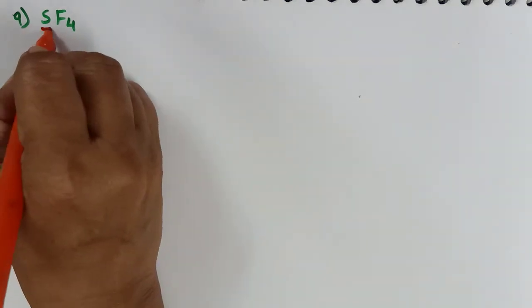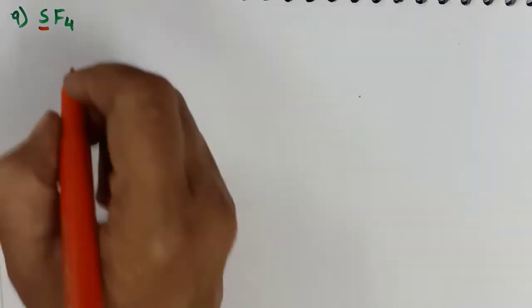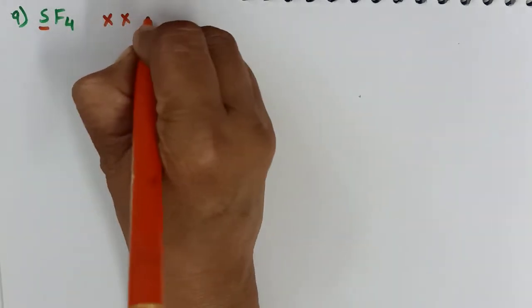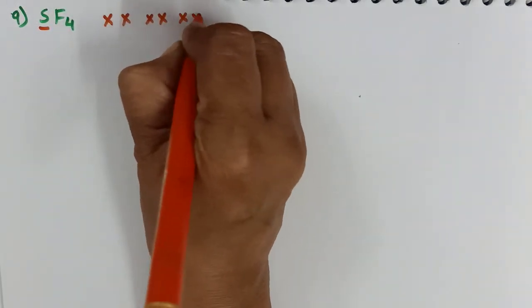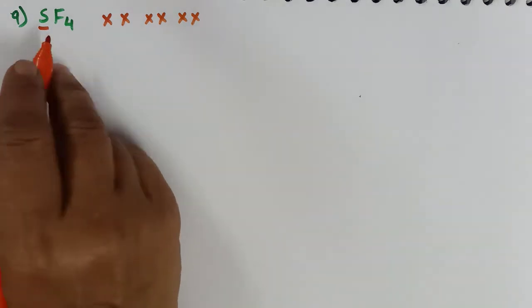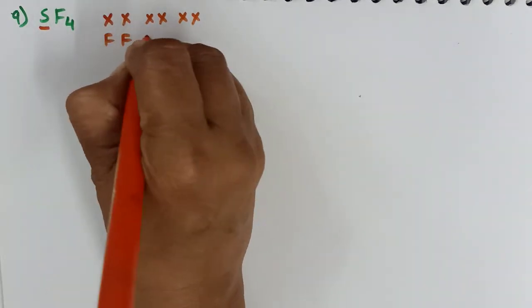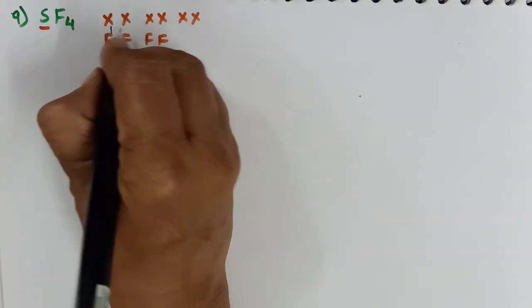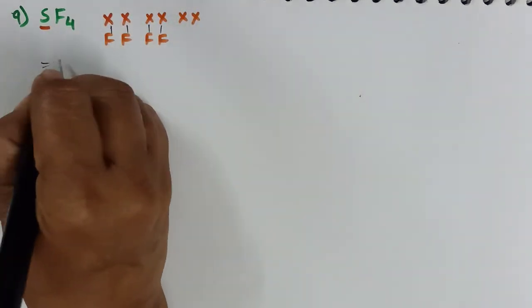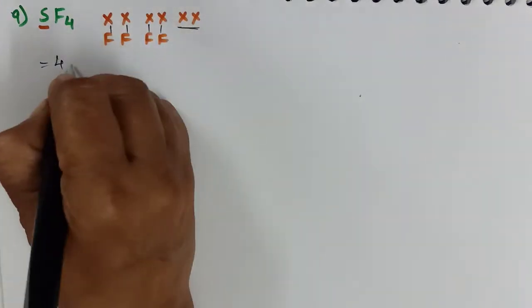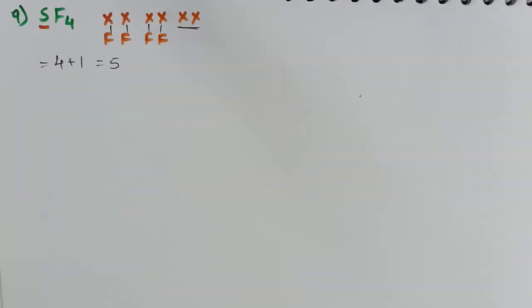The next example is of sulfur tetrafluoride. In sulfur tetrafluoride, sulfur undergoes hybridization. How many valence electrons are present in sulfur? 6. Out of these 6 electrons, 4 will form bonds with fluorine atoms. So how many bond pairs? 1, 2, 3 and 4. 4 bond pairs and 1 lone pair will be left out, the sum becoming 5.